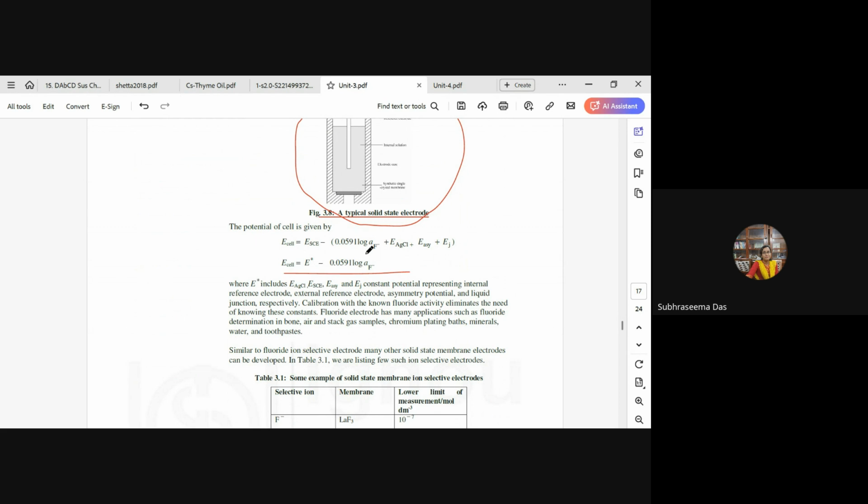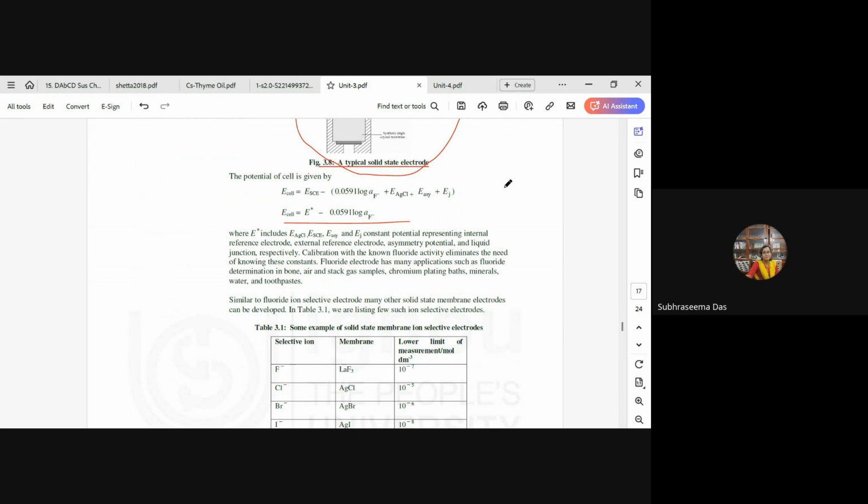Here E star includes the cell potential of the AgCl electrode, the standard calomel electrode, the asymmetric potential and the liquid junction potential. The fluoride electrodes are highly used in analysis, like when fluoride is present in water, in toothpastes or in bone, air. So this is used for detection of fluoride ions.